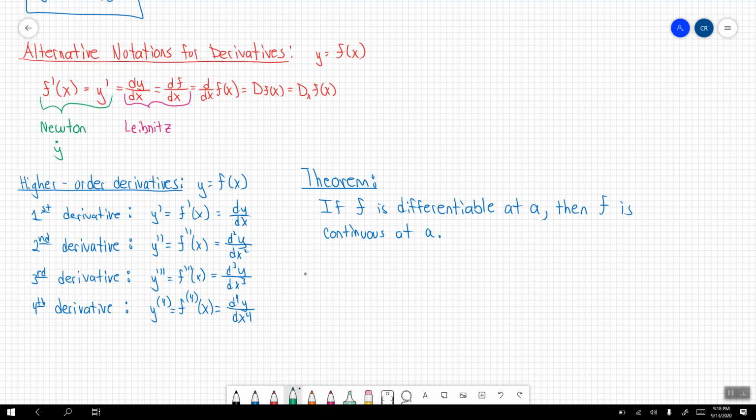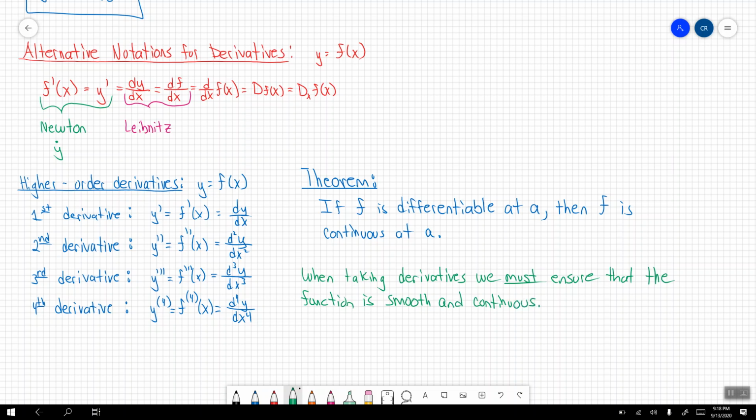So I'm going to write here, when taking derivatives, we must ensure that the function is smooth and continuous.